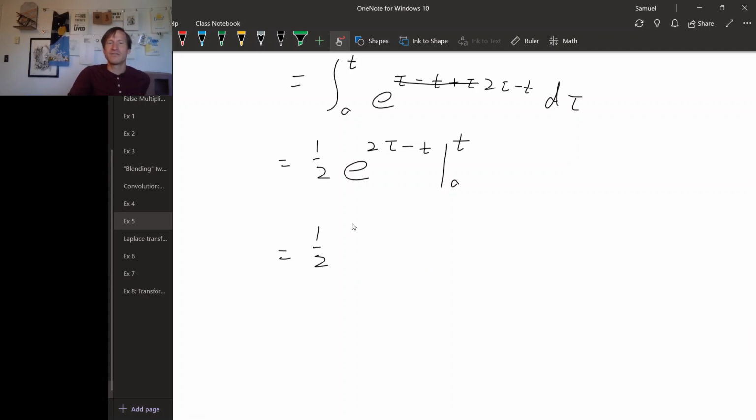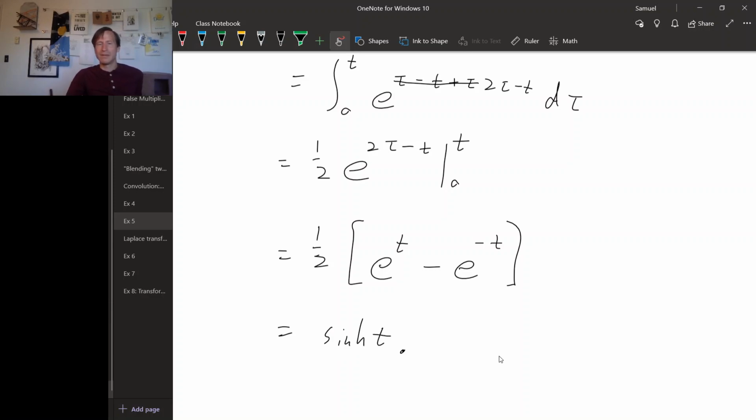So 1/2 times e to the, when we plug in t, we get 2t minus t, that's t, minus, and now we plug in 0, and we get e to the 0 minus t, so e to the minus t. And if you look at it, this is actually hyperbolic sine of t.